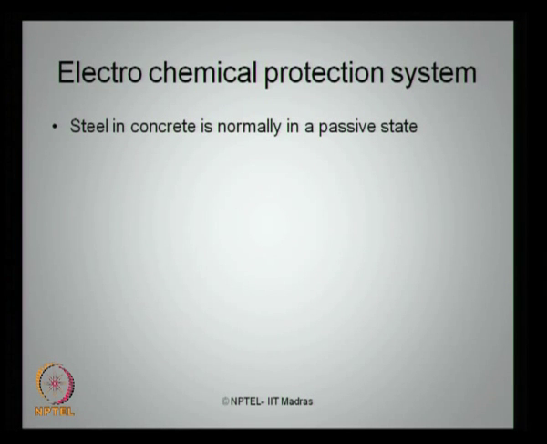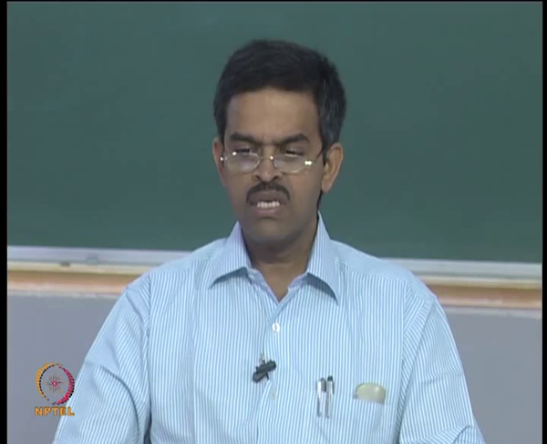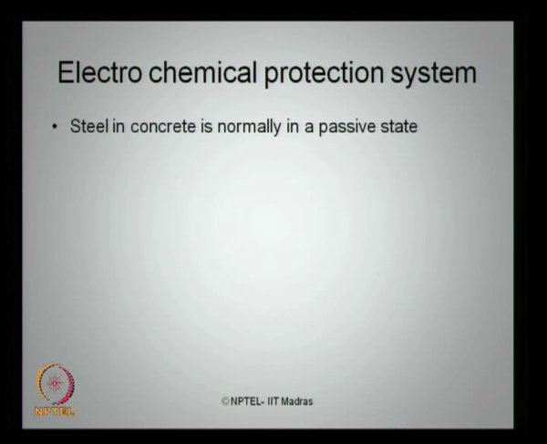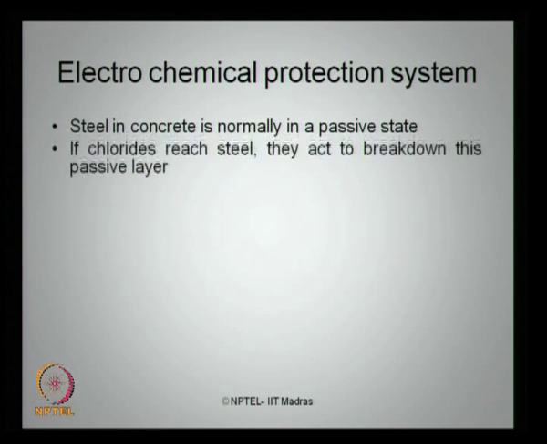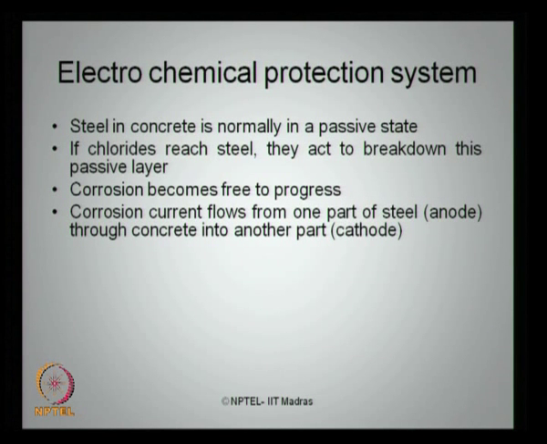We look at electrochemical protection systems further as an advanced method for protecting this kind of structural systems. Steel in concrete remains normally in a passive state. If chlorides reach steel, they act to break down this passive layer. So, corrosion becomes free to progress. Therefore, corrosion current flows from one part of steel, which becomes anode, through concrete into another part, which becomes cathode.